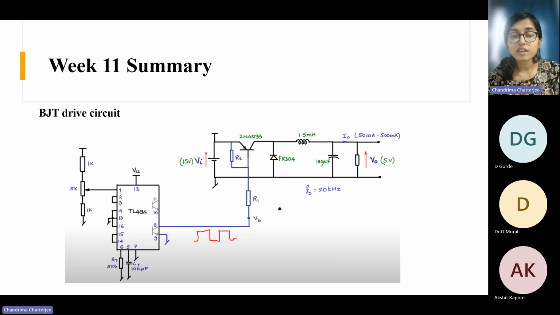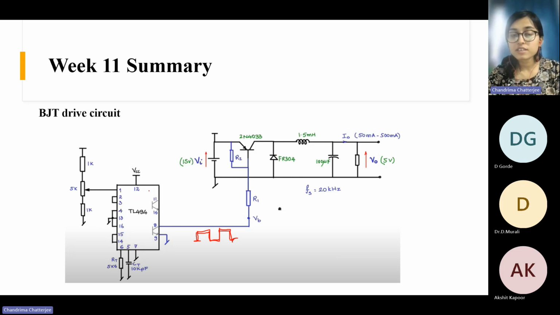And here we have RT and CT, one resistor and one capacitor. These values are selected so that, based on them, we can set the on and off durations here.